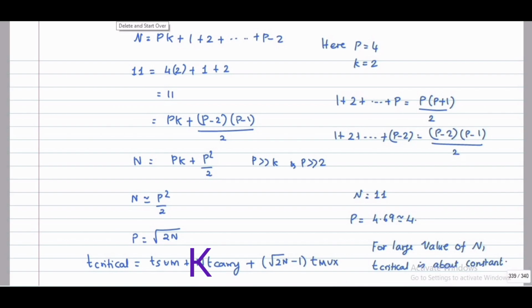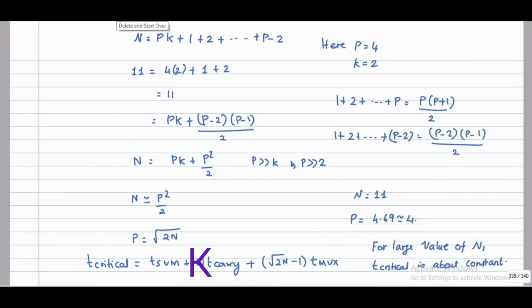So my critical path, t critical, is equal to t sum plus n t carry plus root of 2n minus 1 into t mux. If you substitute, you will get t sum plus n t carry, that is 11 t carry, plus 3 t mux is required.